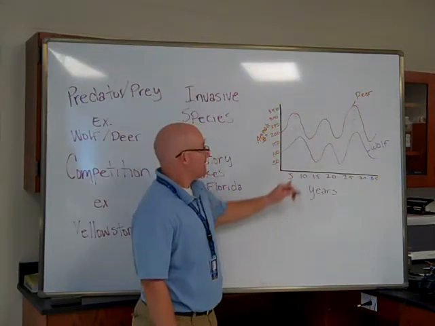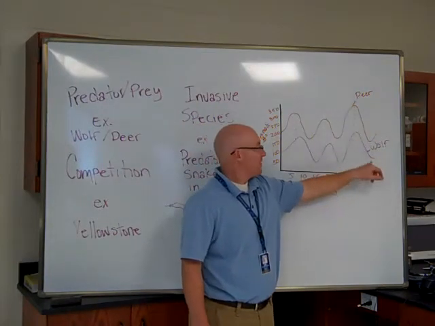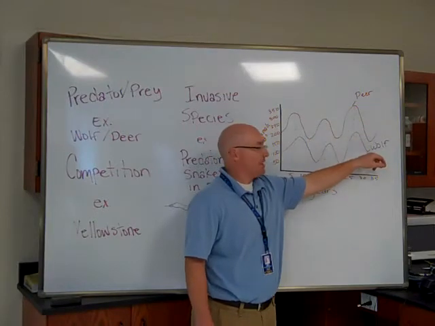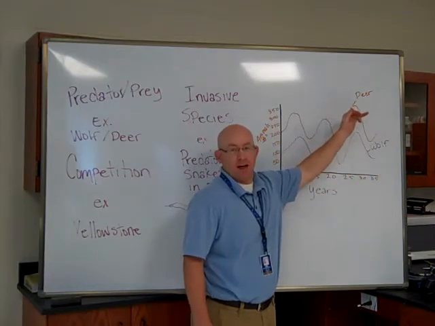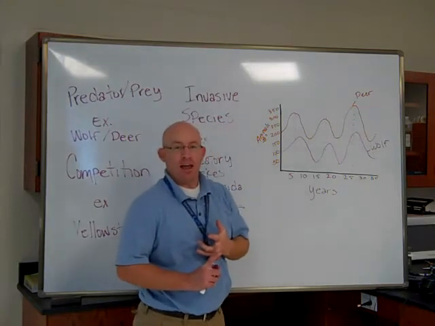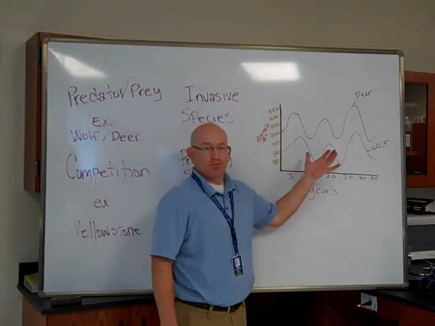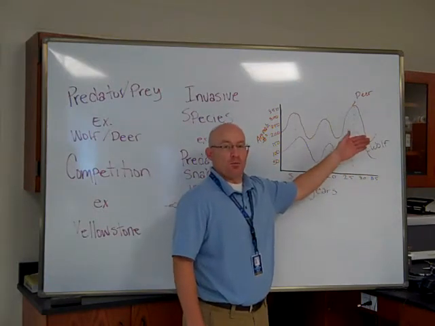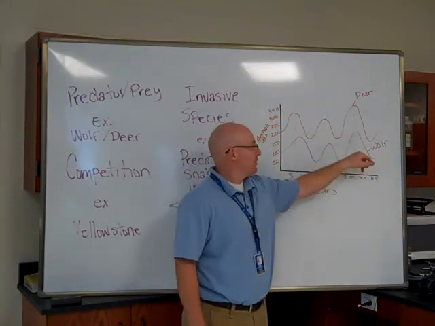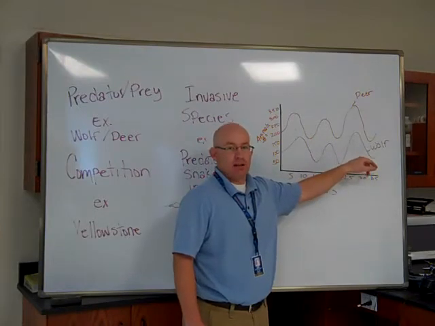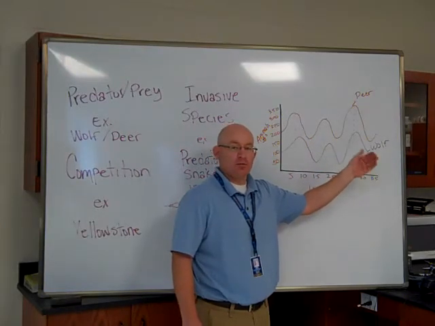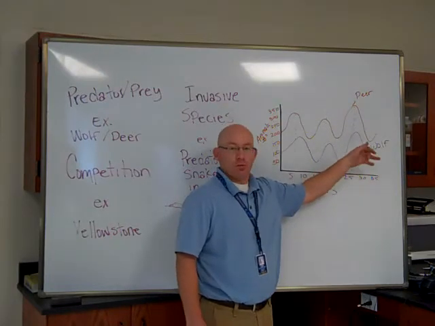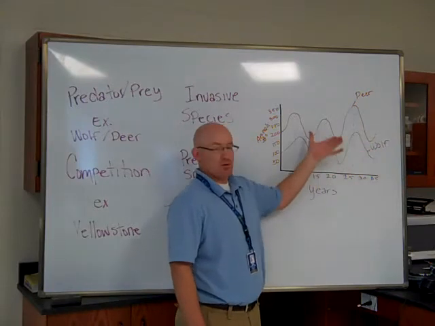Since the wolf eats the deer, the wolf is dependent upon this food source. If the wolf gets enough deer to survive, then it can reproduce and we can get more wolves. If it does not get enough deer or food, then it will not reproduce, and it also could itself starve to death and die.